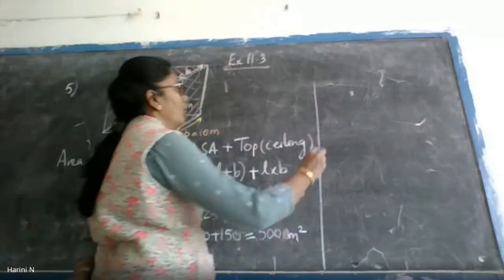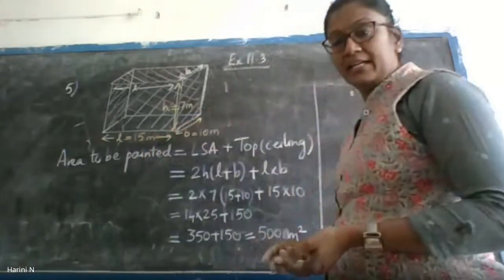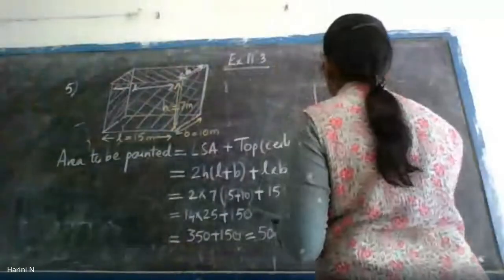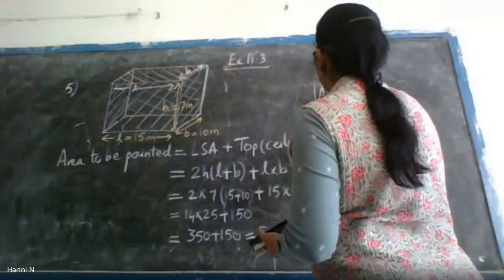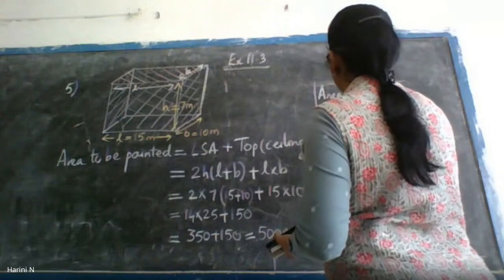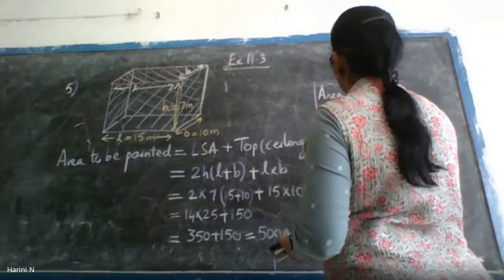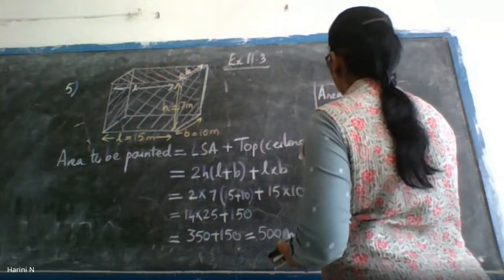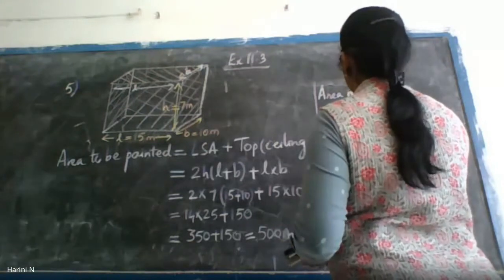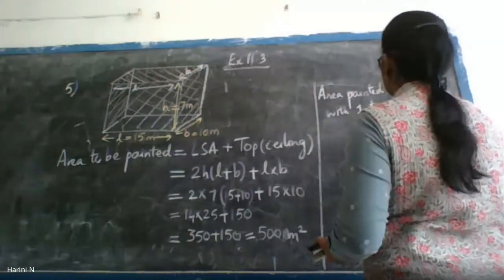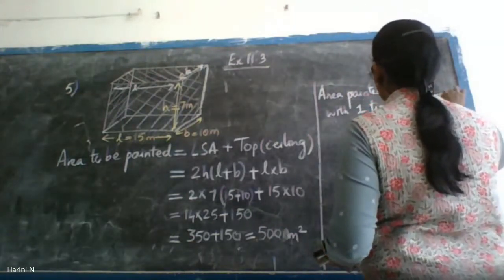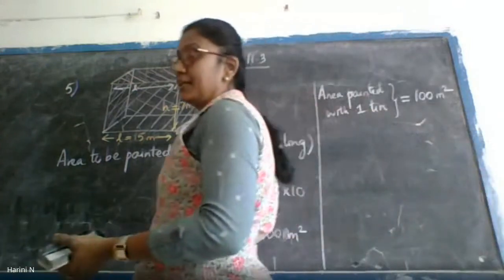But what is given? The area which can be painted with one tin. Area painted with one tin of paint is 100 meter square. So one tin is 100 meter square.